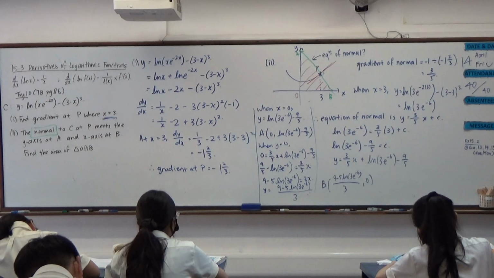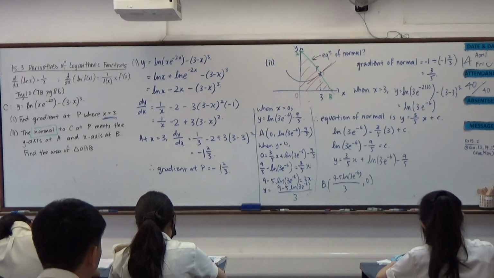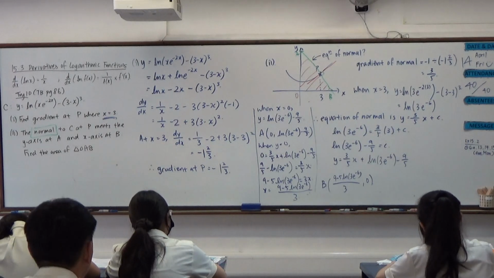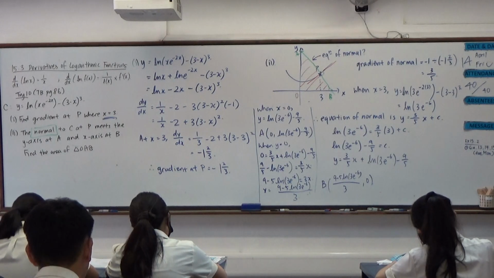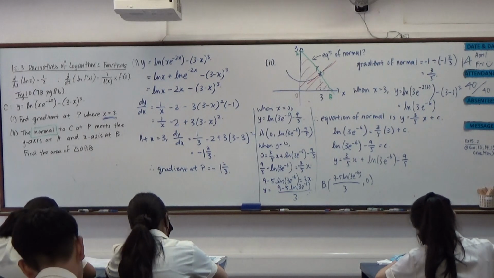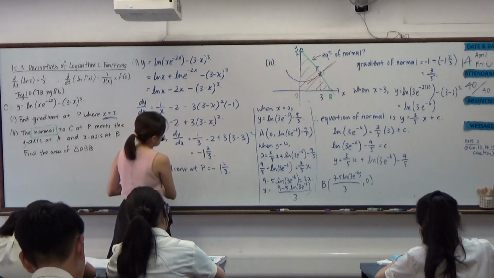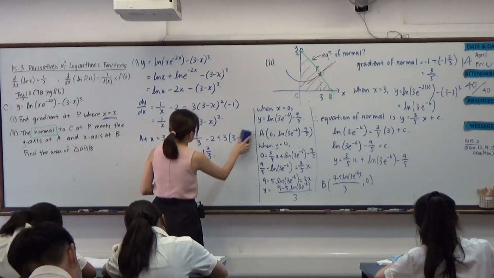So now that I have the coordinates of A and B, up to your personal preference, what kind of formula you want to use to find the area. Okay. With our diagram, it is very clear that this triangle is a right angle triangle.